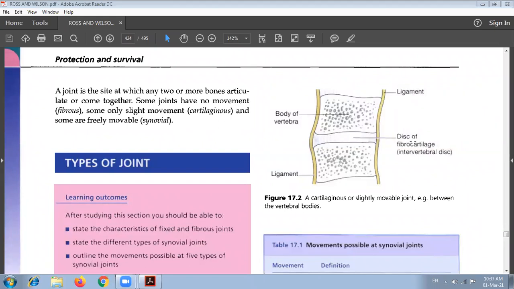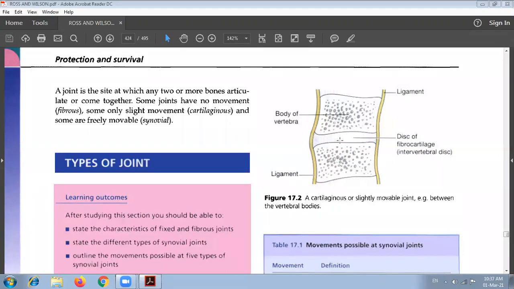This is very important when we are bending, walking, sleeping, sitting. These actions are allowed due to this type of joint, the cartilaginous joints.